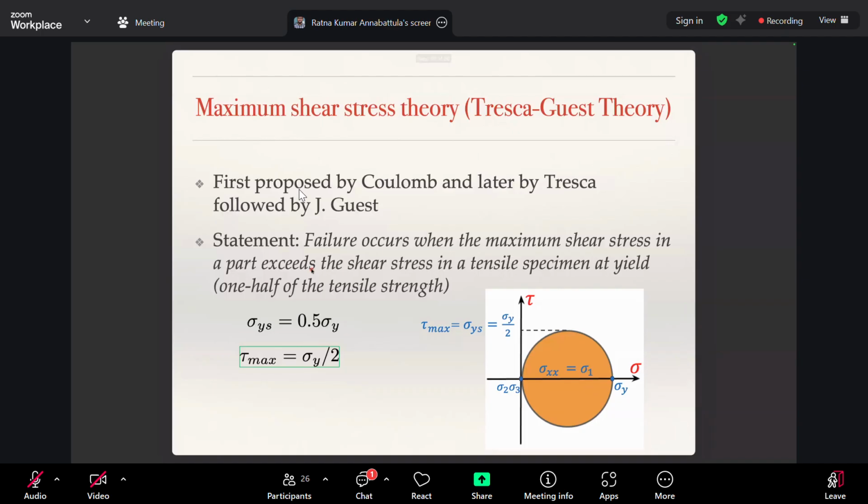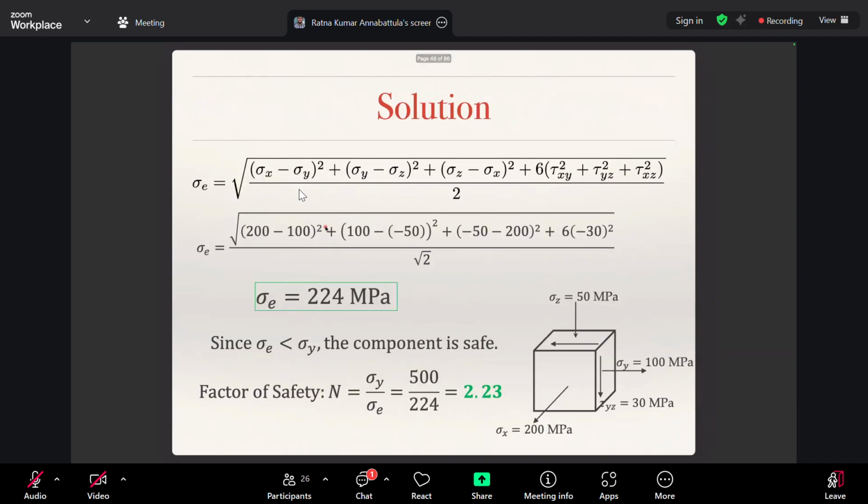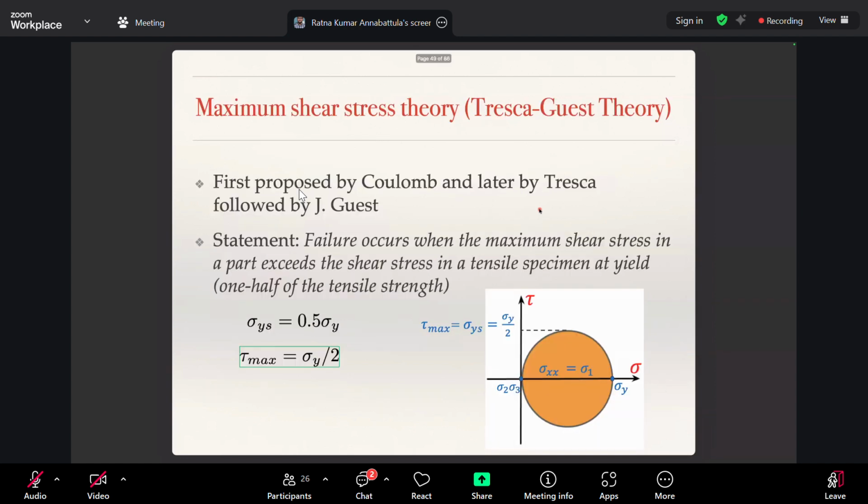All right. So until now, what we have looked at was distortion energy theory, which is very good for ductile materials. And now let us look at the next failure theory, which is called the maximum shear stress theory.